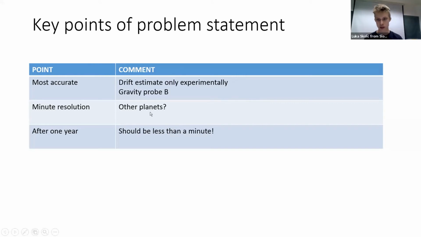And after 1 year, I already mentioned it's not good enough. We should also keep in mind whether we're measuring relative time or absolute time. It may have been my misinterpretation. I didn't have enough time for clarification questions, but I would like some method of getting from relative time, which is what you're measuring, into absolute time. But you could probably measure the wavelengths. It's sort of a light clock on its own.